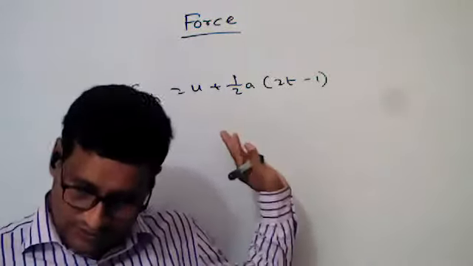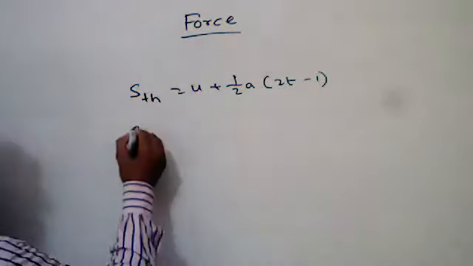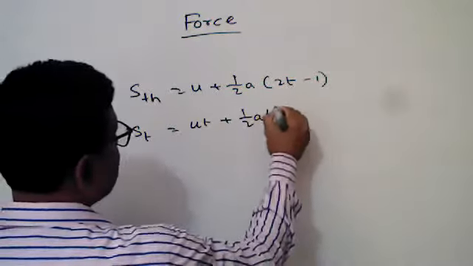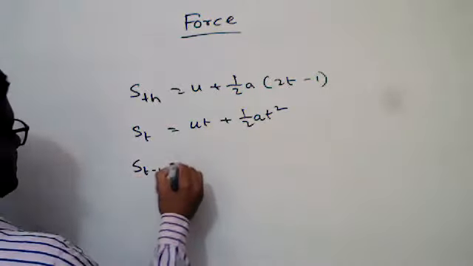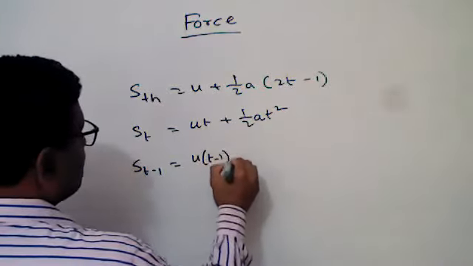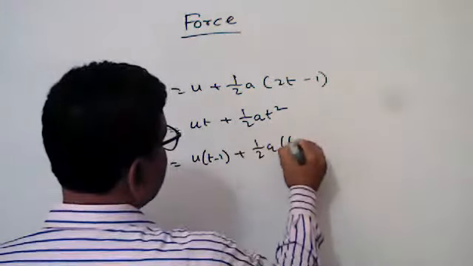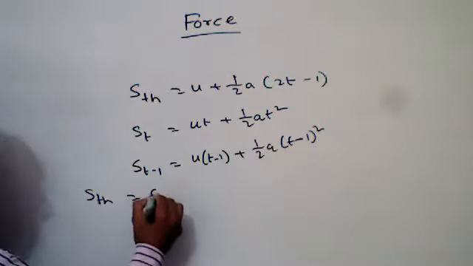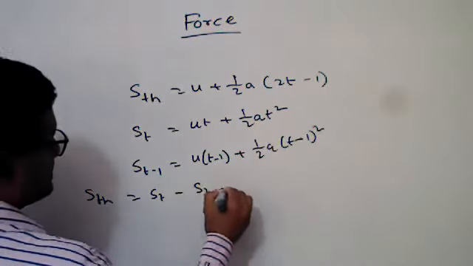If you want to use it, at first you have to determine s_t equals ut plus half of at squared, and s_(t-1) will be u(t-1) plus half of a(t-1) whole square. So s_th equals s_t minus s_(t-1).